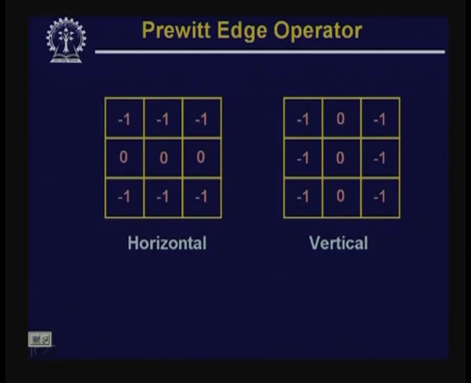So, the mask which finds the horizontal edges is equivalent to having the gradient in the vertical direction, and the mask which computes the vertical edges is equivalent to taking the gradient in the horizontal direction. Using these two masks, by passing them over the intensity image, we can find the Gx and Gy components at different locations in the image.